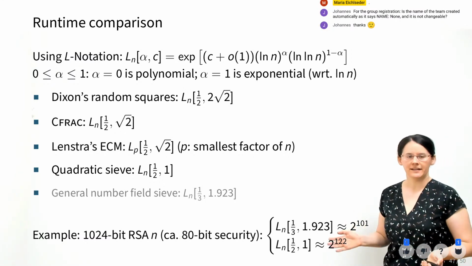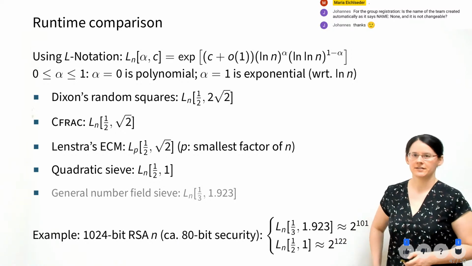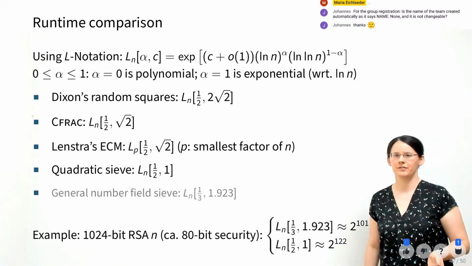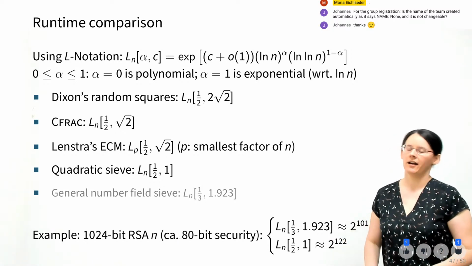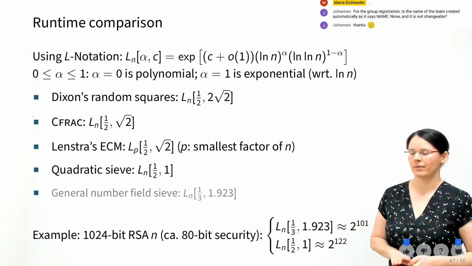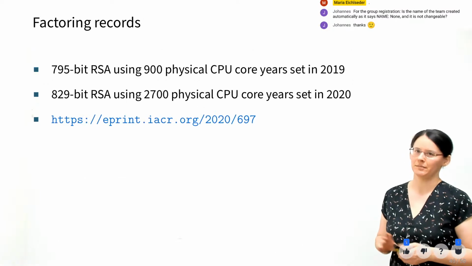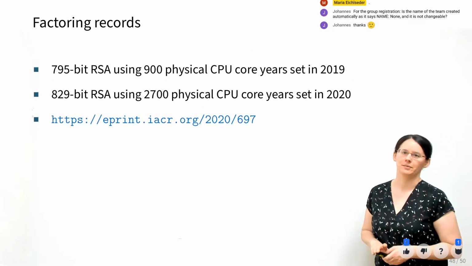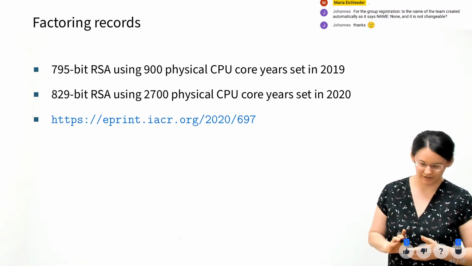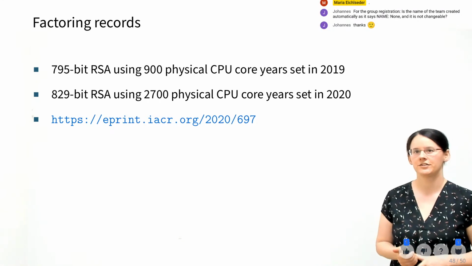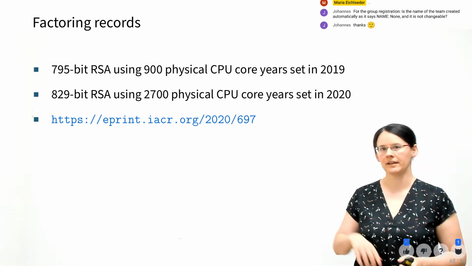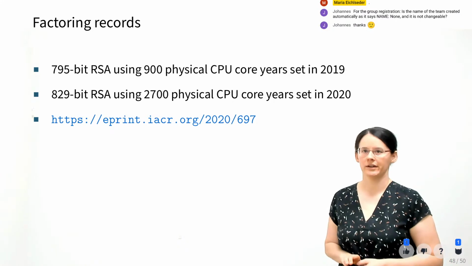Okay, finally some words on factoring records. In the past few years this was always very boring because I always had to say, oh, the newest factoring record is already from 2009, very old, not much has happened in the meantime, but things are actually currently happening. So the newest factoring records are just 1 year old, and the one before that just a bit older.